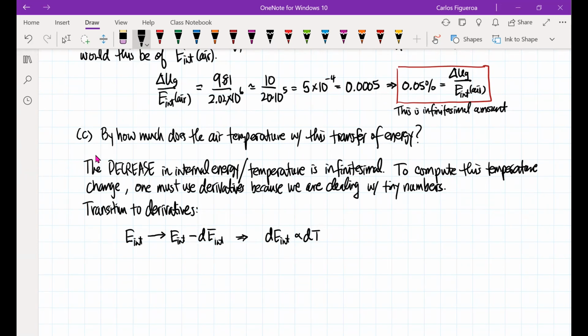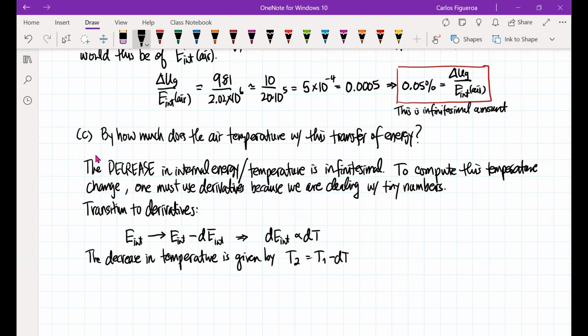Now, how does that dT come in? What this really tells us is that, maybe I should write it over here. The decrease in temperature is given by this here, right? It's got to be T2, and then this is the original temperature at room temperature, 293 K, and then I'm going to subtract this tiny amount.